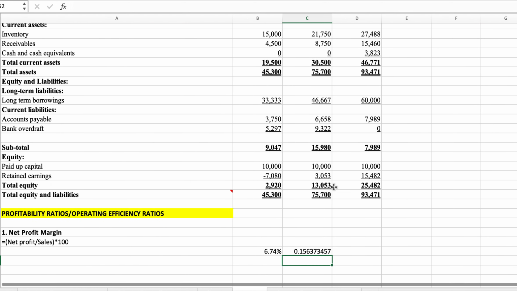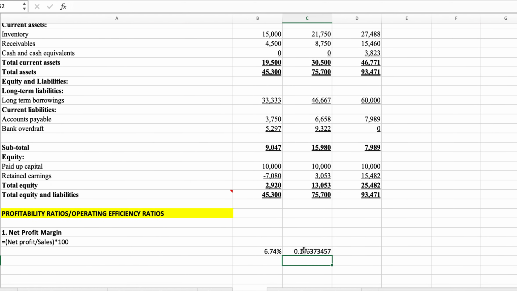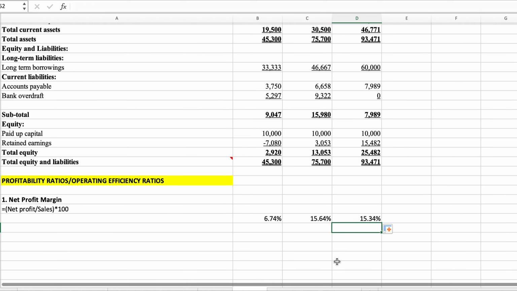Then you multiply by 100 when calculating manually, but in Excel you just click the percentage icon and express it in 2 decimal places. The same applies to the subsequent year, which is 2022. So that's the formula for net profit margin.